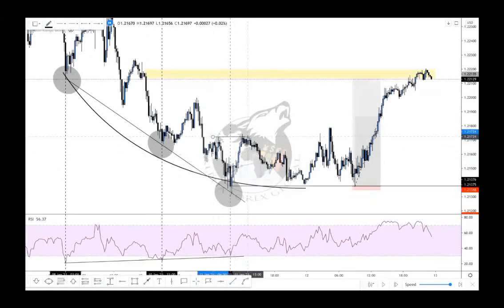We're only using divergence for confirmation. Structure is always key. Doesn't matter the strategy you use, structure is always key. So what you want to see is that breaker structure to say that the trend is changing because structure changed. Right now this changed from a lower high to a high.